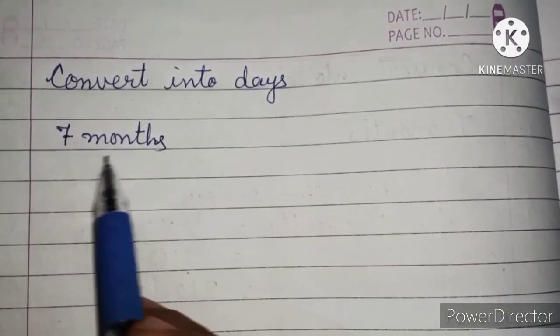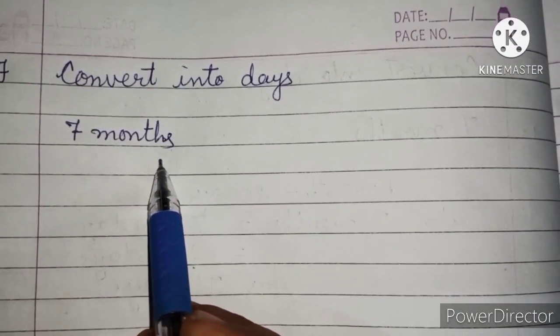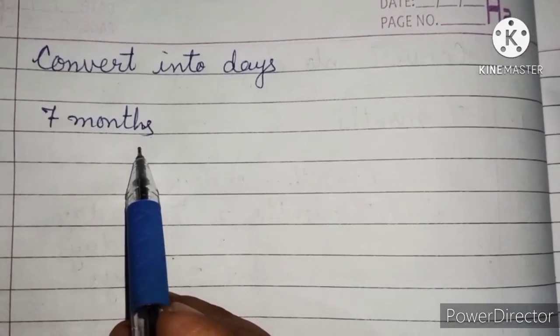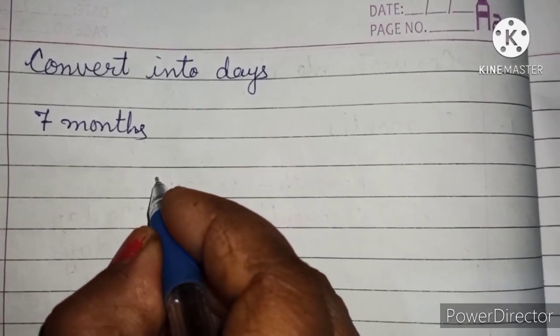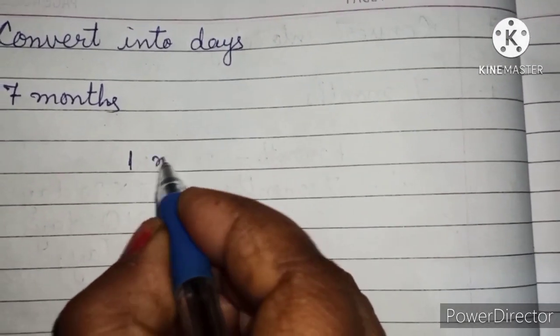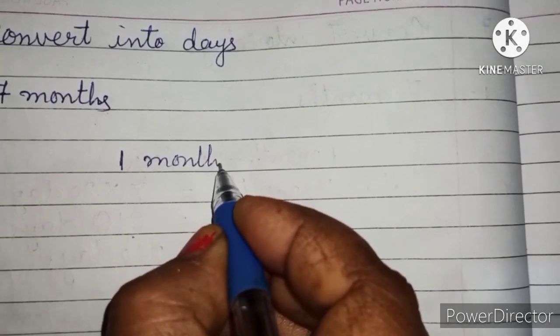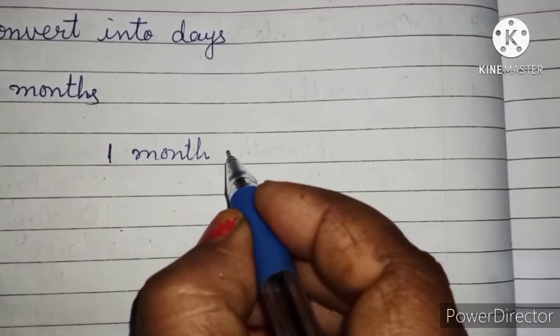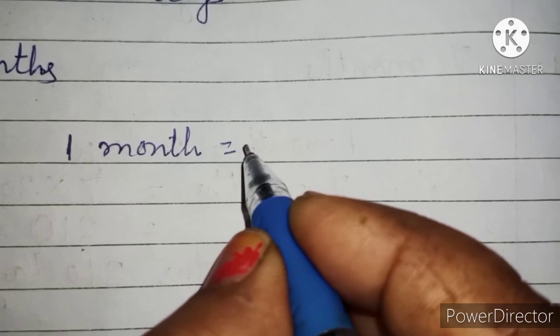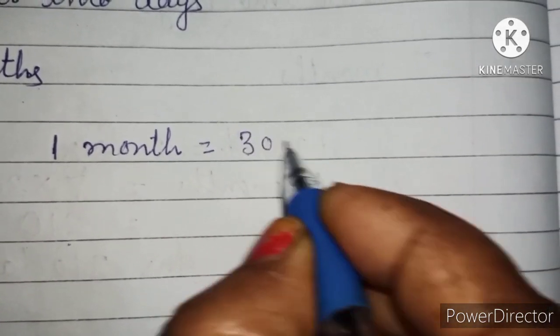Question is 7 months. First, we have to write the formula. 1 month is equal to 30 days.